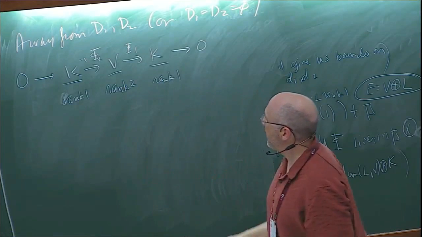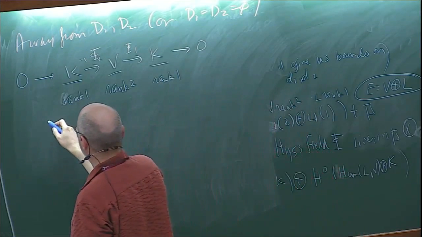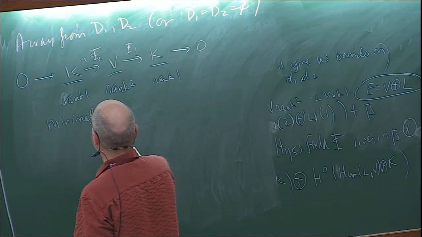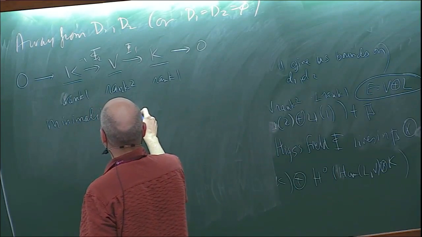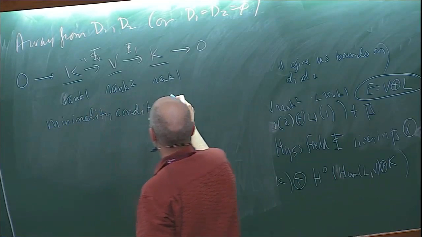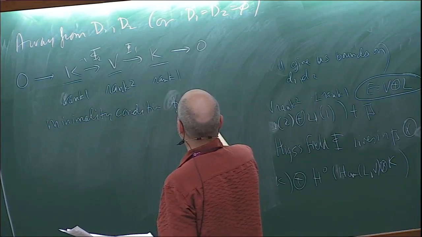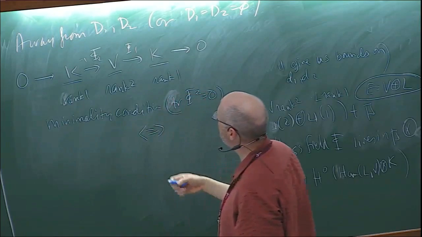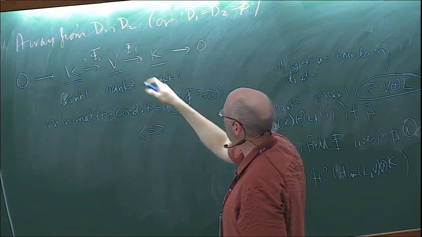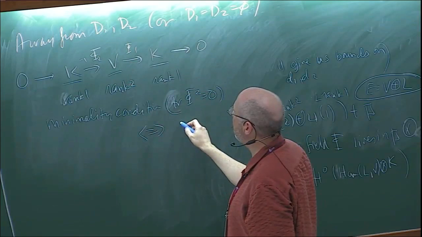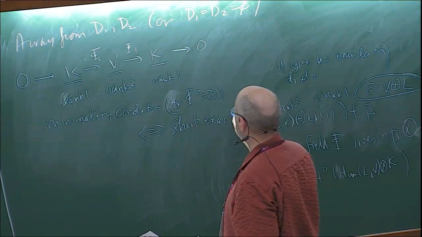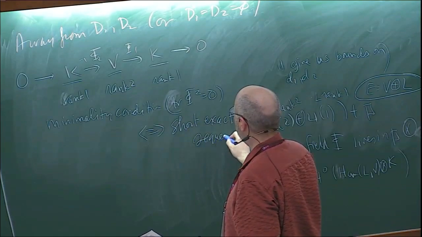And the minimality condition, that the trace of phi squared is equal to 0, turns out to be equivalent, by a nice local computation, to the fact that this is a short exact sequence of holomorphic bundles.